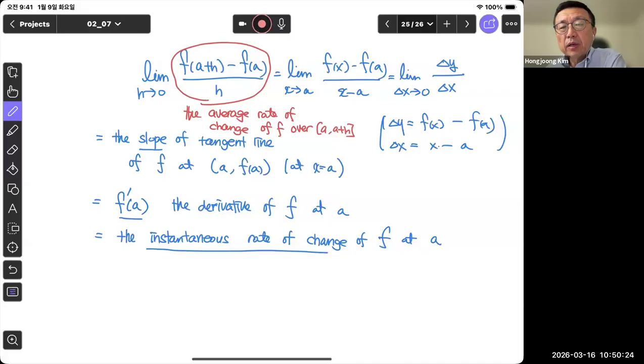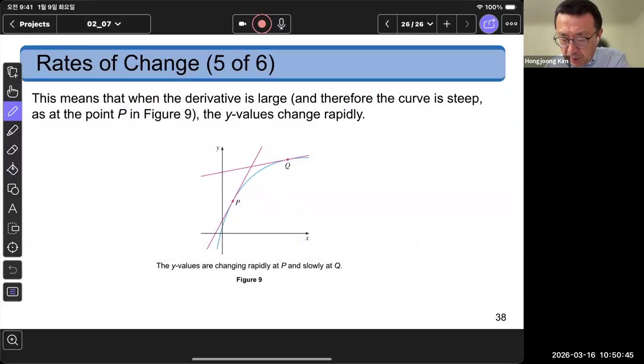So that measures how fast the function changes at a given point. So one limit value can be expressed under different names or expressions. So please remember all these equivalent relations.